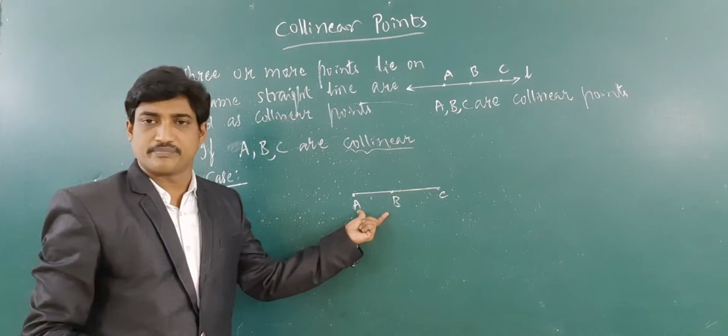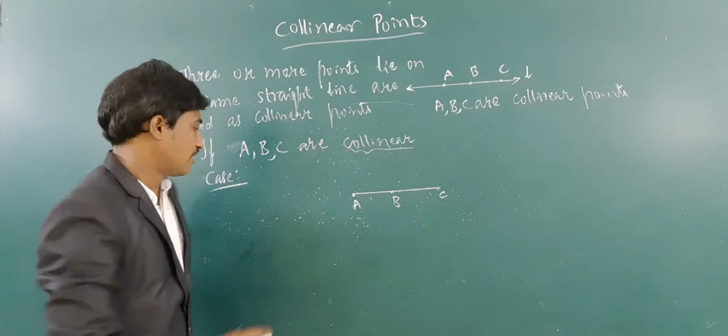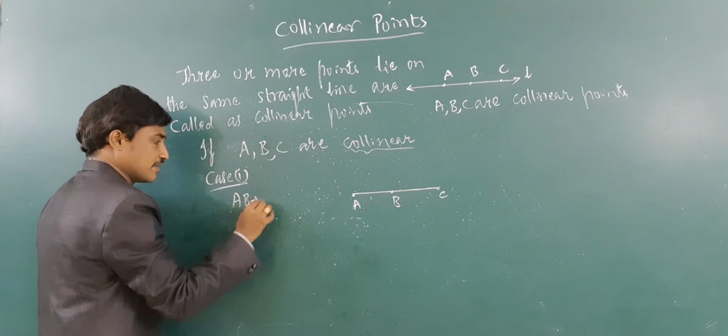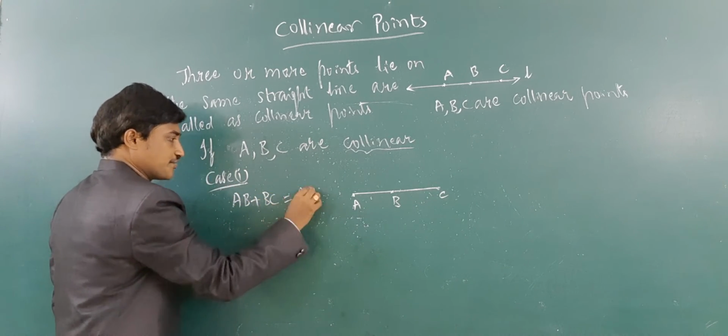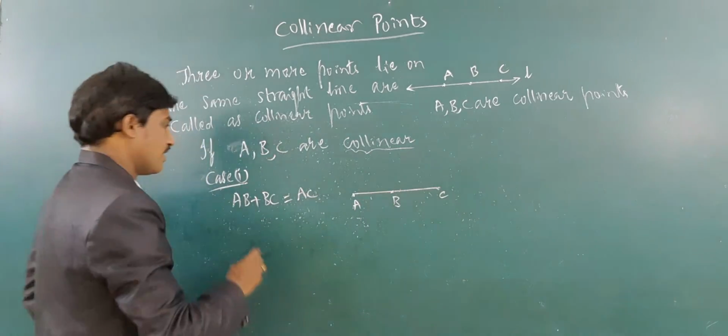The length of AB and the length of BC gives the length of AC.